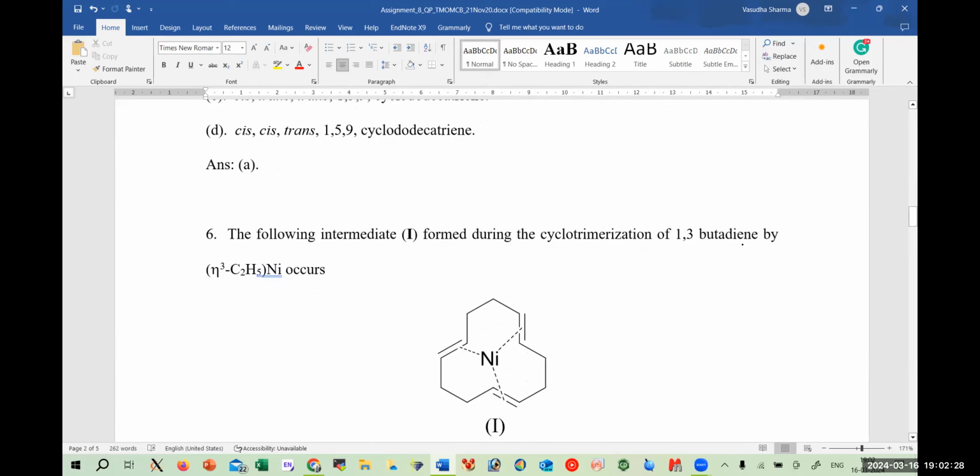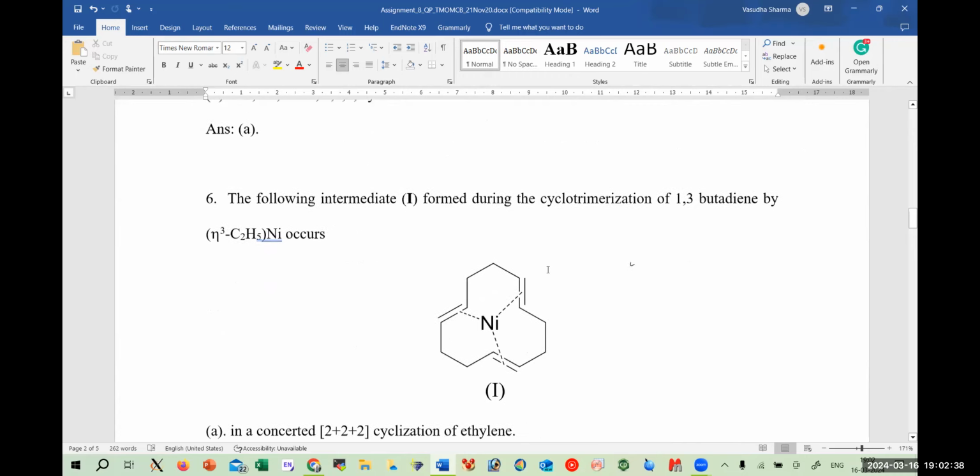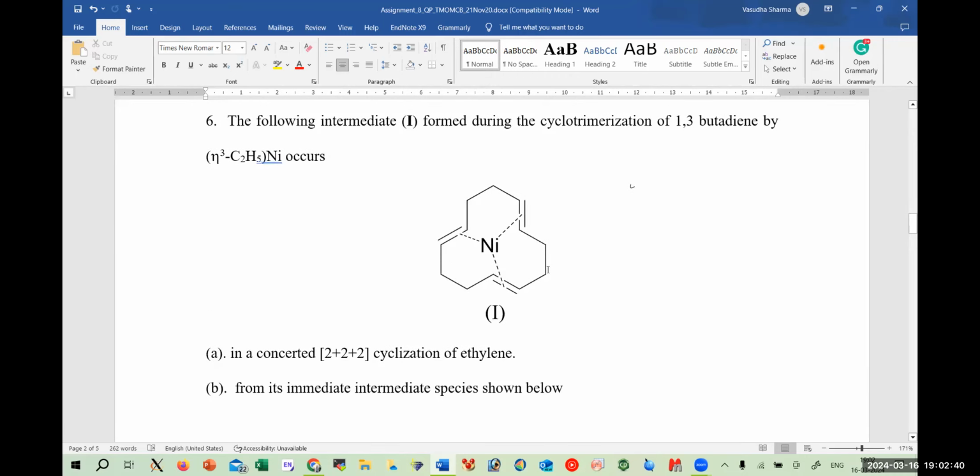Now it has been asked how the following intermediate, symbolized as 1, formed during the cyclotrimerization of 1,3-butadiene, occurs. We have this product, we have seen it. This is actually called naked nickel, which is in the zero oxidation state.